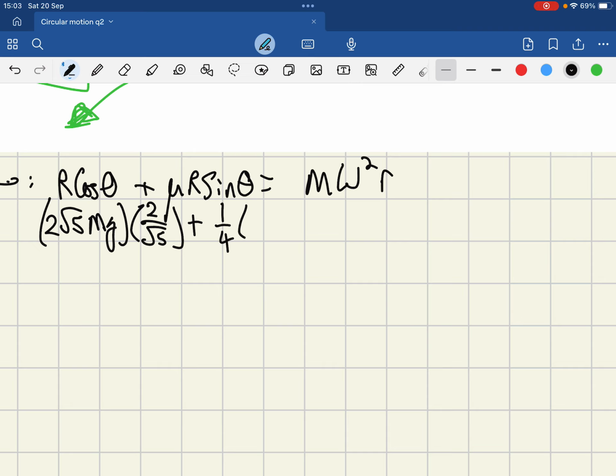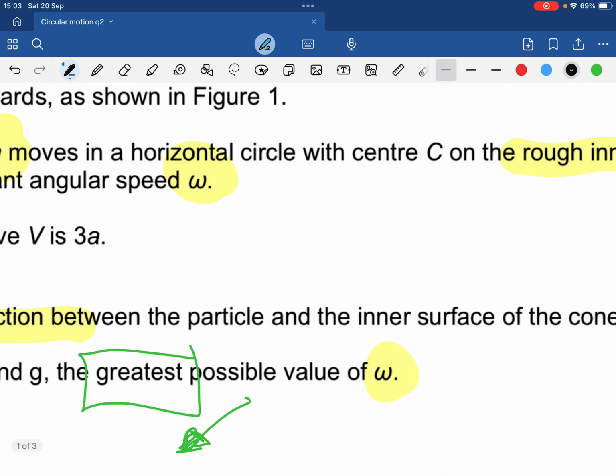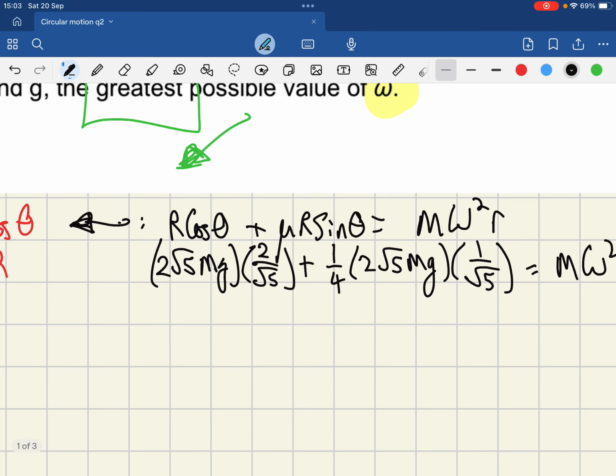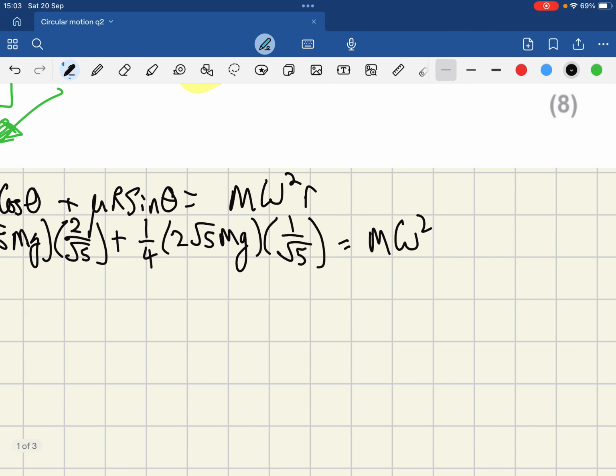R is 2 root 5 mg. And sine theta 1 over root 5 equals m omega squared. And actually small r, lowercase r, we have a number for this in terms of a. It was 1.5a, or 3 over 2a. So here I'm going to remind myself, 3 over 2a.